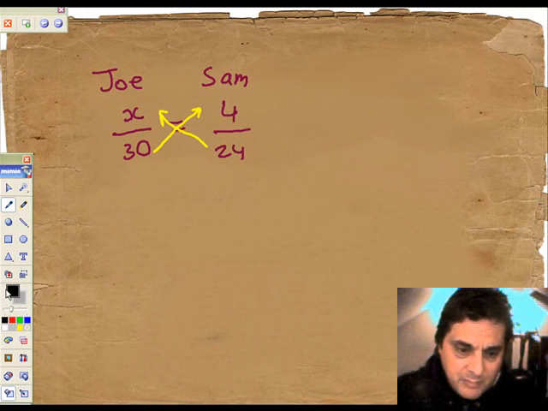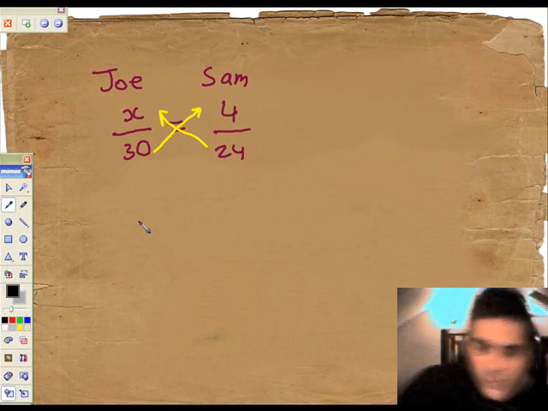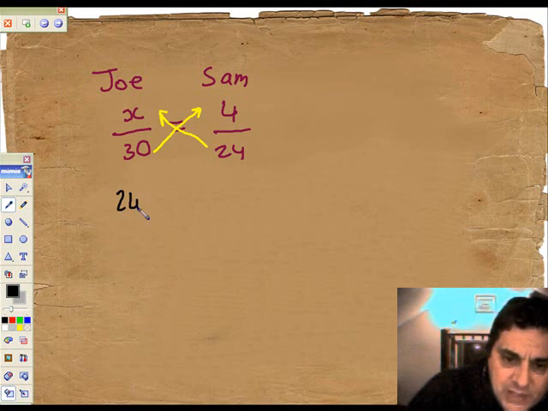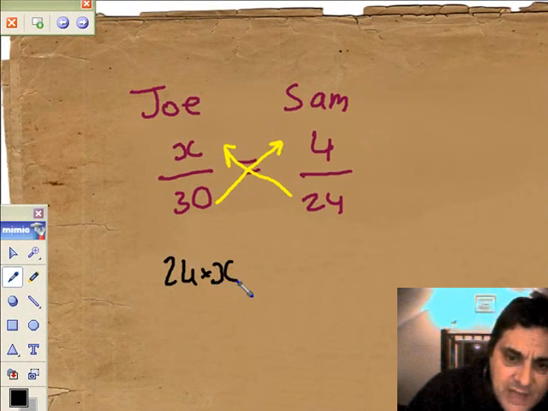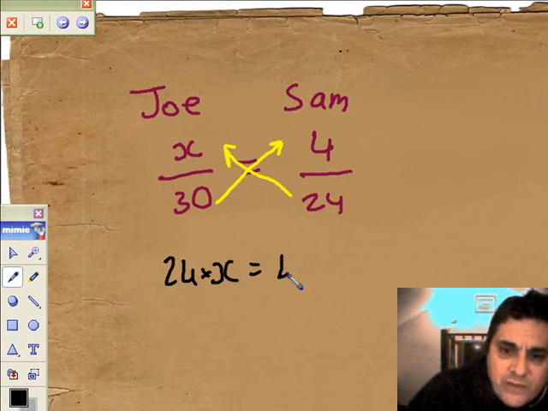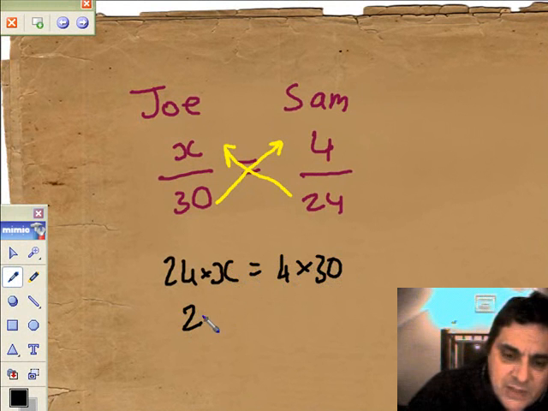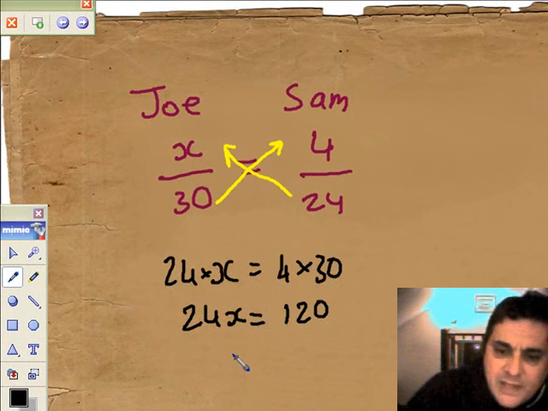Going back to black, say we have 24 lots of X is equivalent to 4 times 30. So 24 times Joe's X is equivalent to 120.